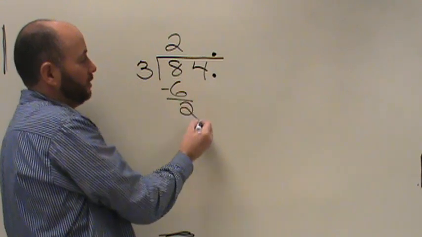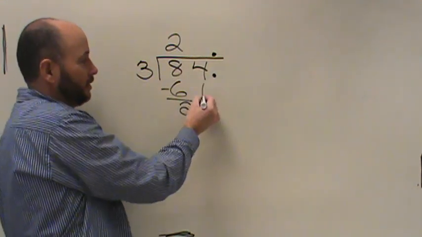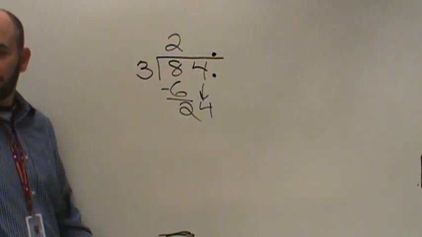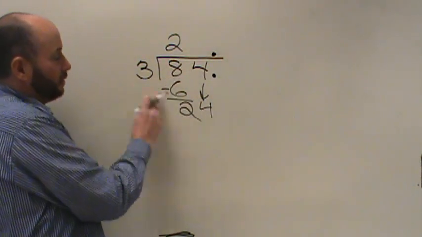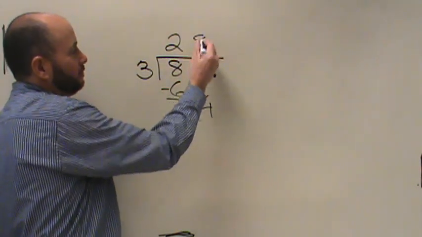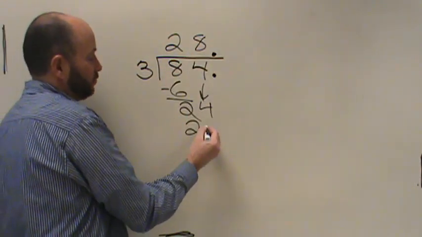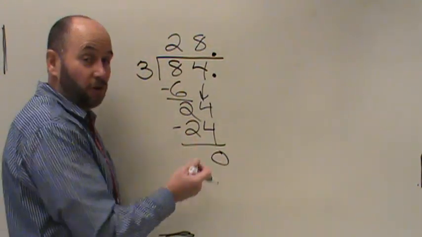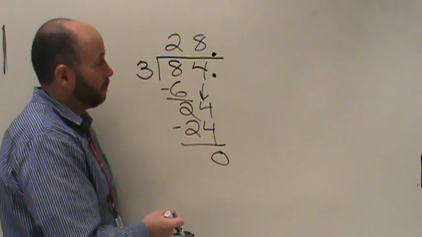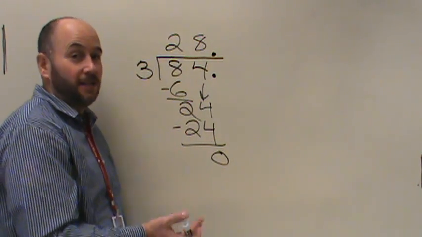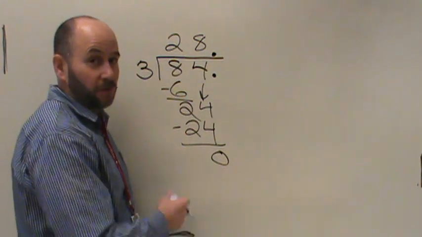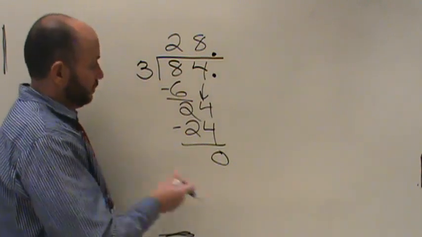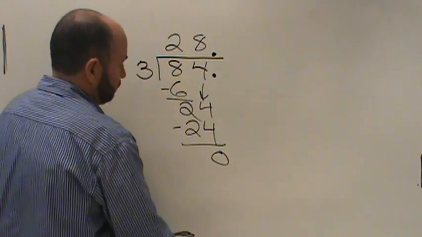You subtract and you end up with 2. Again, the same rules apply in your algorithm as they always do. 3 into 24 would be 8 times. 8 times 3 is 24. You subtract, and what you have is a terminating decimal, okay? Which is very nice, because sometimes they won't terminate and you'll have to round, or they'll repeat, and you'll have to indicate that they repeat. So there you go, that's how you would do them.